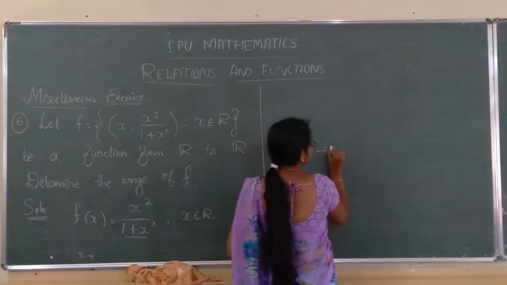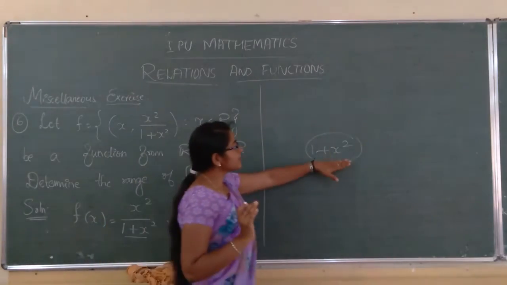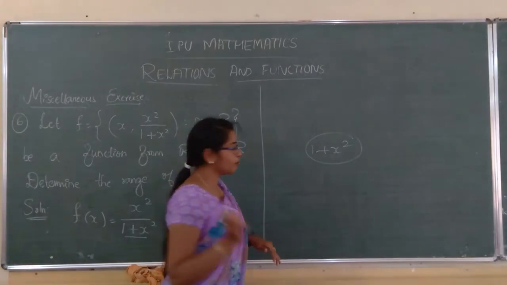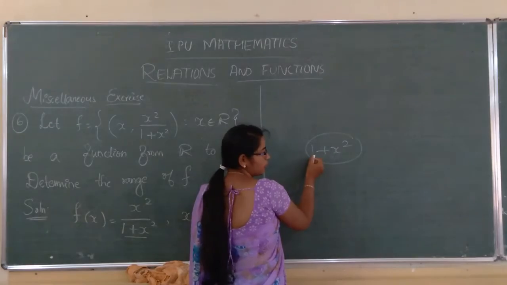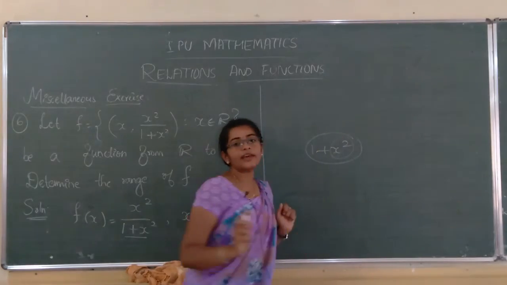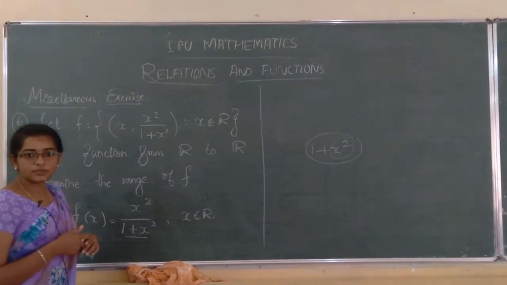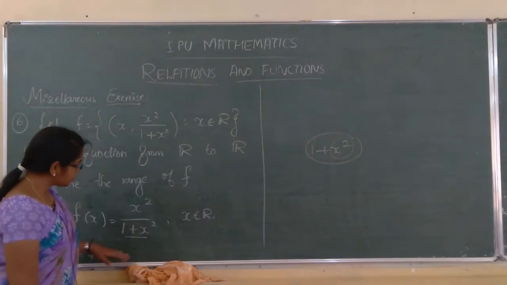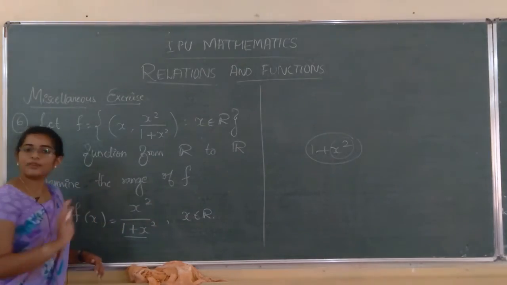We have 1 plus x square in the denominator. Whatever my x is, this will not be equal to 0. See what happens if it is equal to 0? This is equal to 0 only if x square is minus 1. Can I get x square to be minus 1 here? No. So, that is why the denominator is always non-zero. So, that is why the whole thing is well defined.